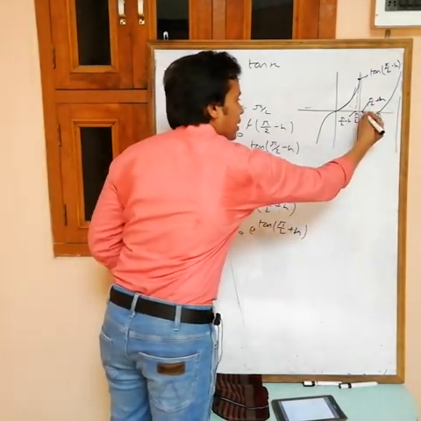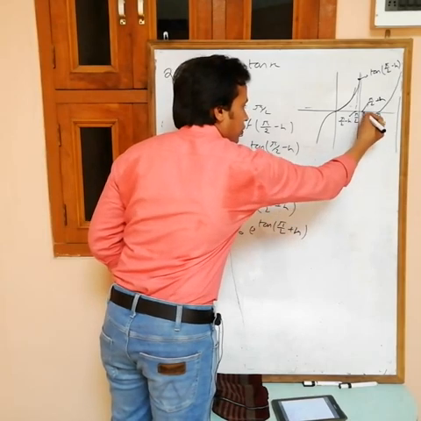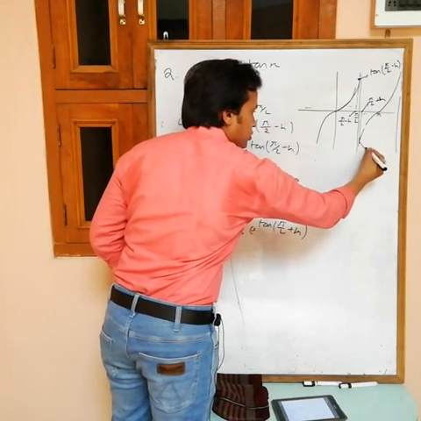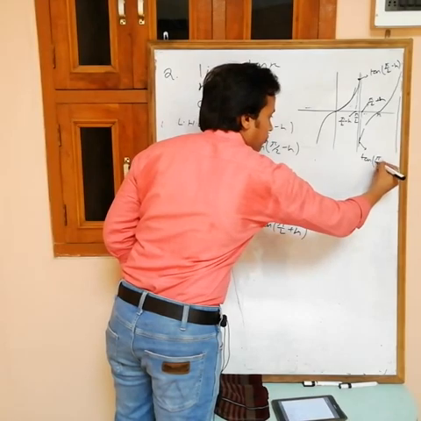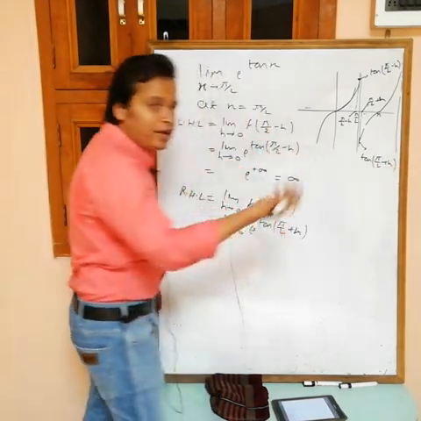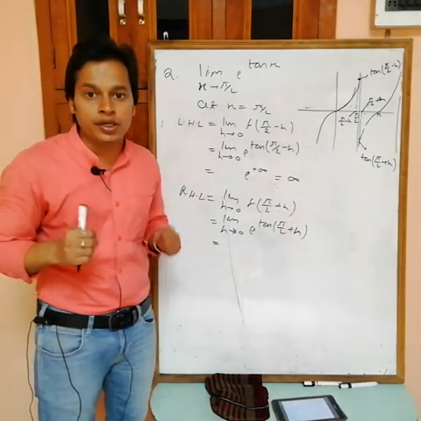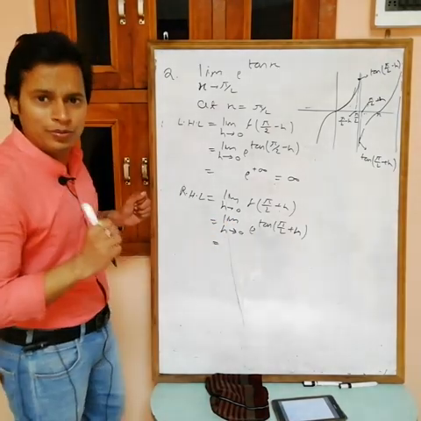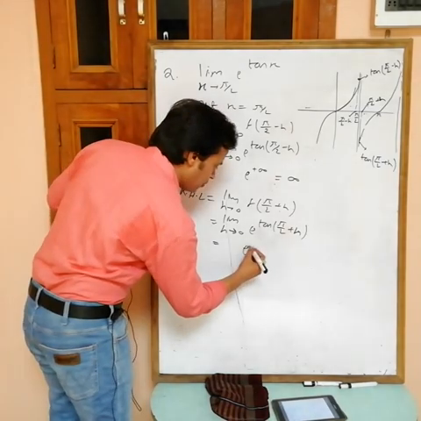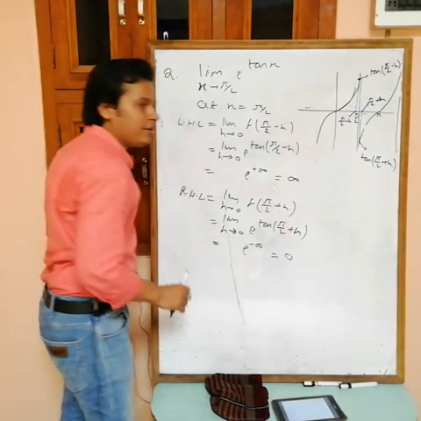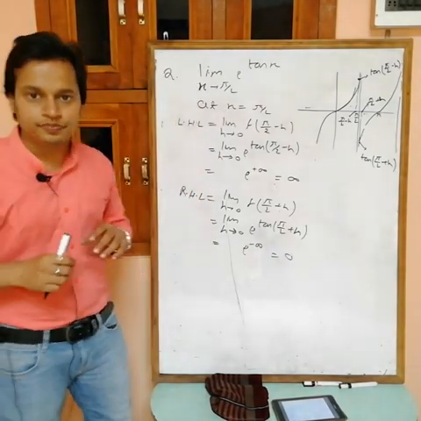If x is just greater than pi by 2, then this is the value of tan of pi by 2 plus h. Now this is minus infinity, because x is in the second quadrant where tan is negative, so it can't be plus infinity. So e power minus infinity, and e power minus infinity is equal to 0.